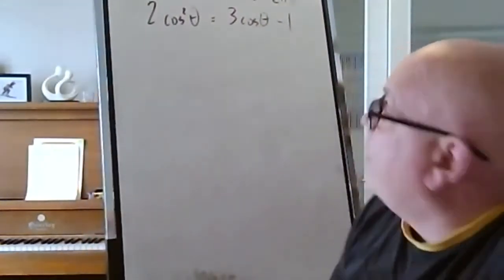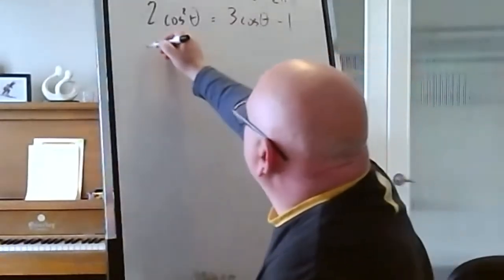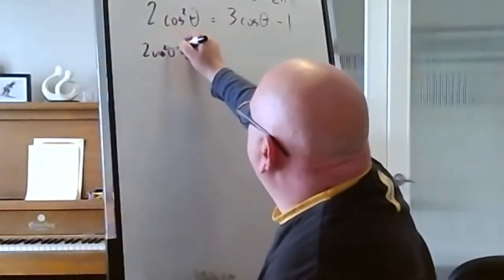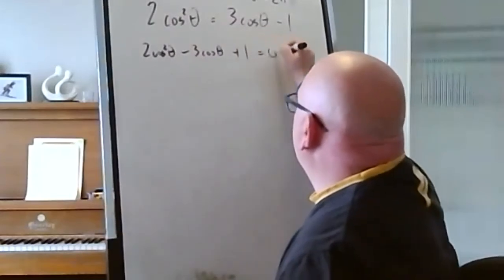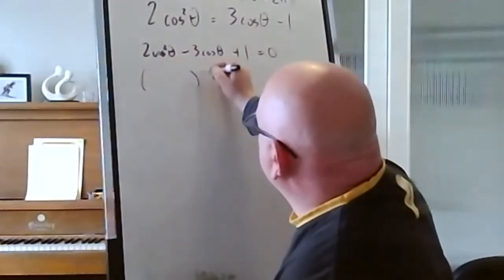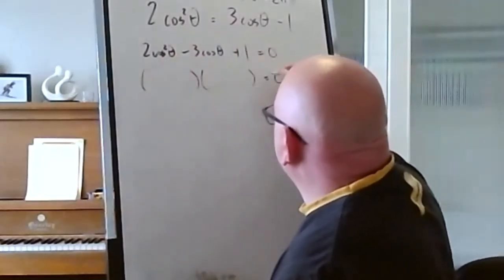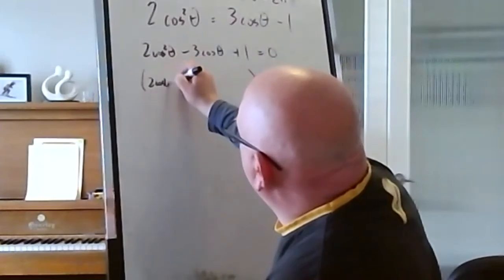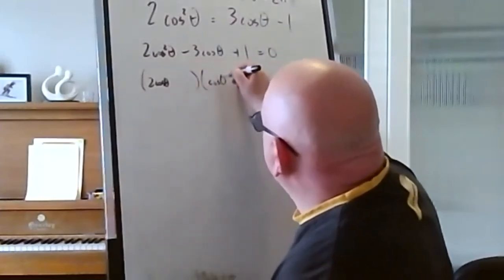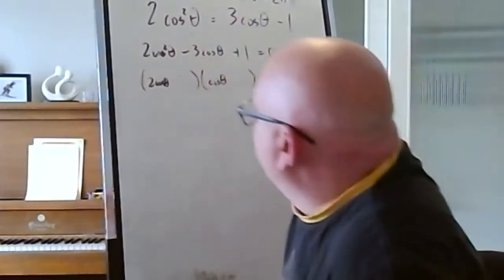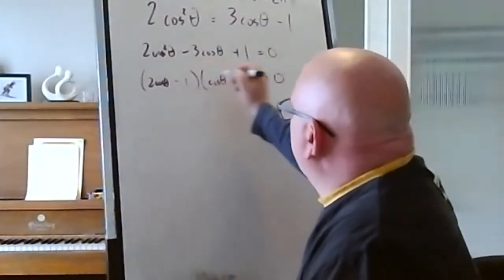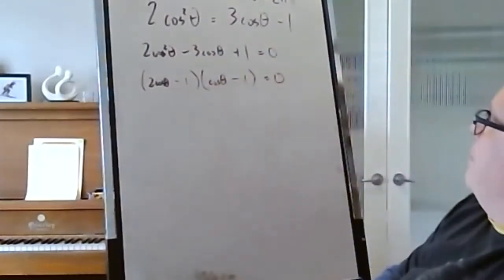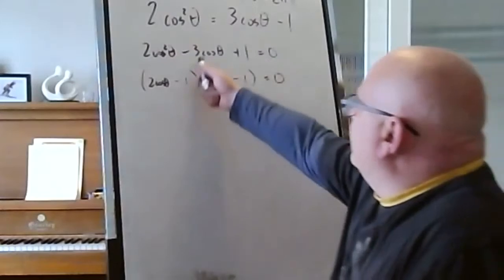Okay, so again, we need to factor this. 2 cos squared theta minus 3 cos theta plus 1 equals 0. We set this up as a trinomial and get it equal to 0. This has got to be 2 cos theta and cos theta. That's the only way that we multiply to get 2 cos squared. We have to have negative 1 and negative 1 because we have to multiply to positive 1, and we're going to add them to get negative 3 cos theta.